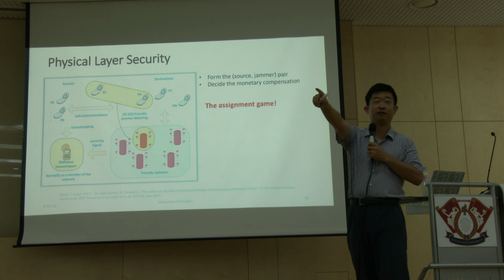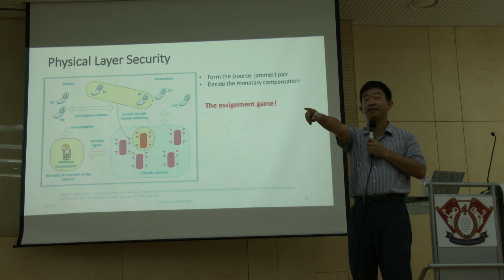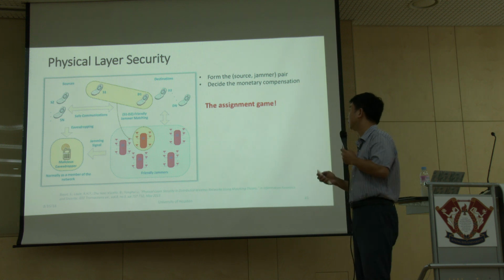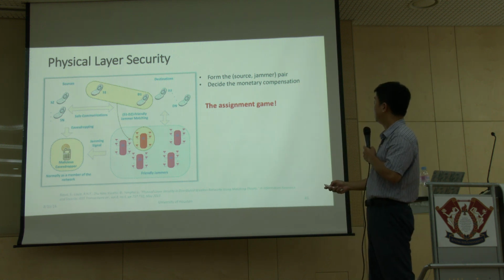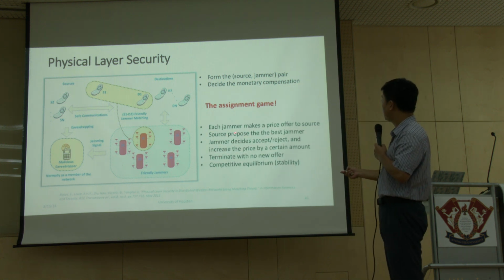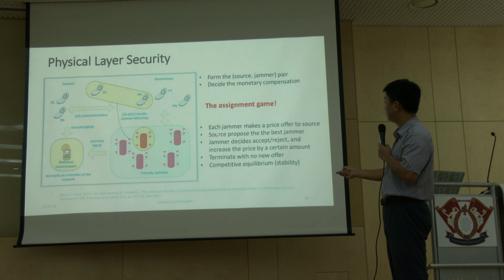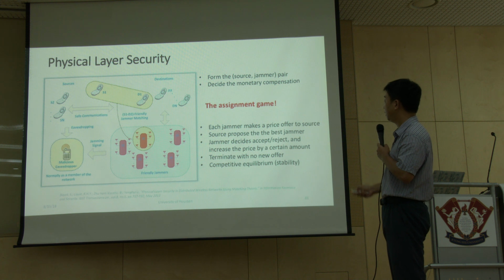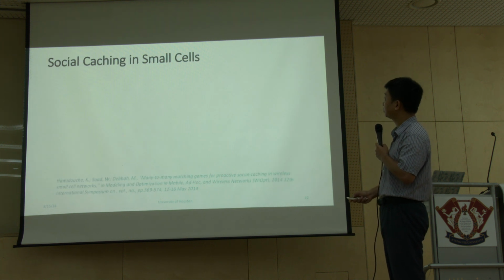I don't want to hire a friend far away from the eavesdropper, or close to my destination. That doesn't make sense. So who should I hire? Okay, so this is an assignment problem. Each jammer makes a price offer to the source. The source proposes to the best jammer, and the jammer decides to accept, increase the amount, or terminate with no offer. And finally, we have the competitive equilibrium.